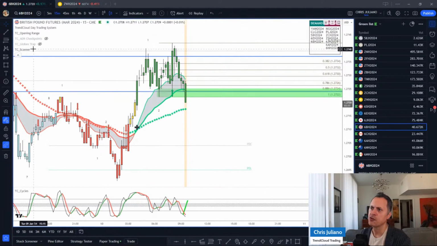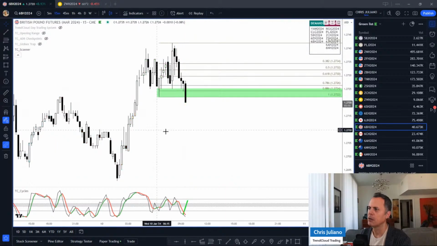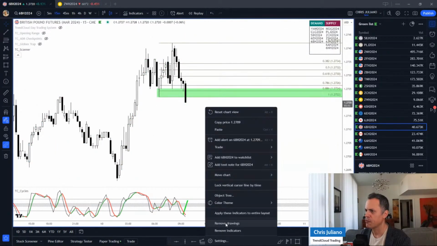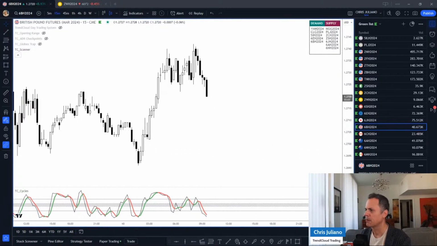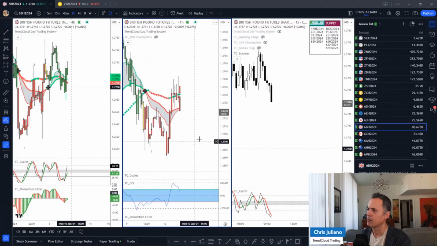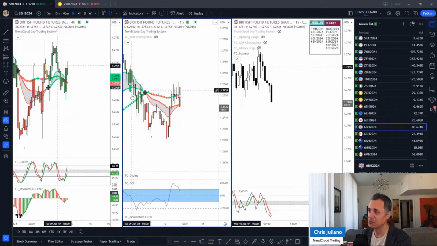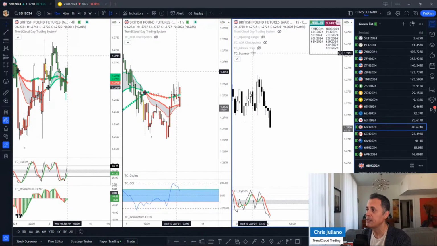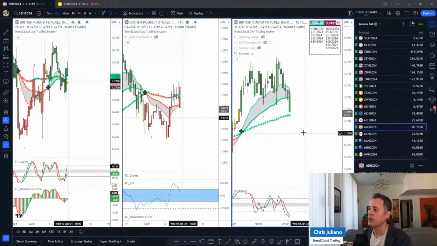Okay, so British pound ripped through our zone, right? Here's the 15-minute chart. Pulling back deep. Pseudo, right? We've got the 15-minute uptrend pulling back.